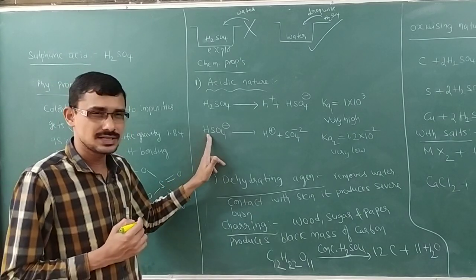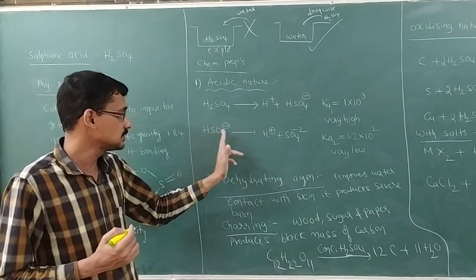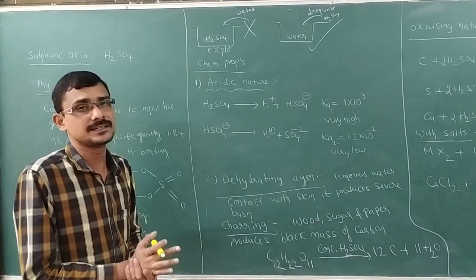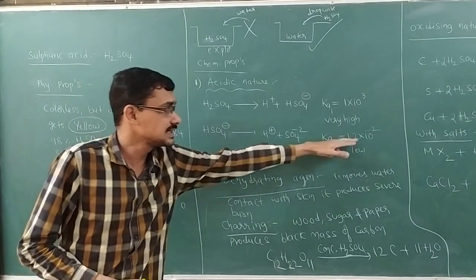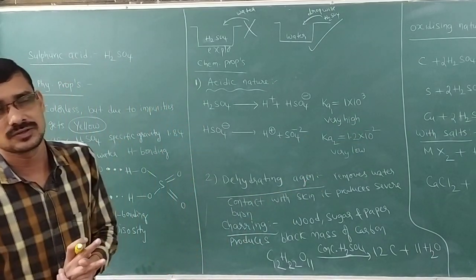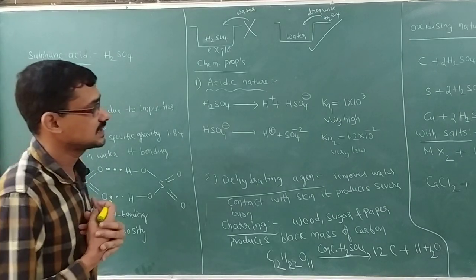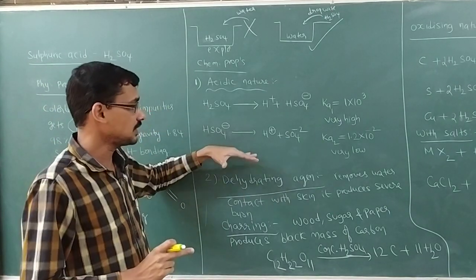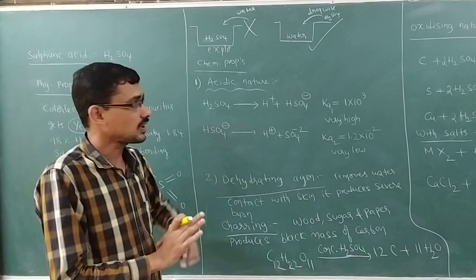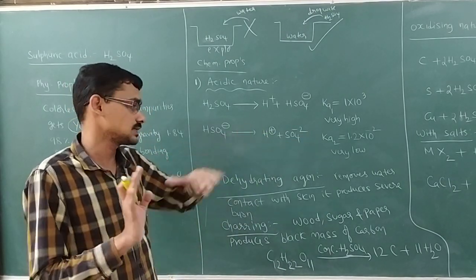This hydrogen is strongly hydrogen bonded with the O minus charge. That is the reason the second H plus is very difficult. So, the dissociation constant is 10 to the power of -2, that is very low in this case. So, the first dissociation constant of sulphuric acid is very high, the second is very low. Overall it can dissociate, it is a strong acid only.